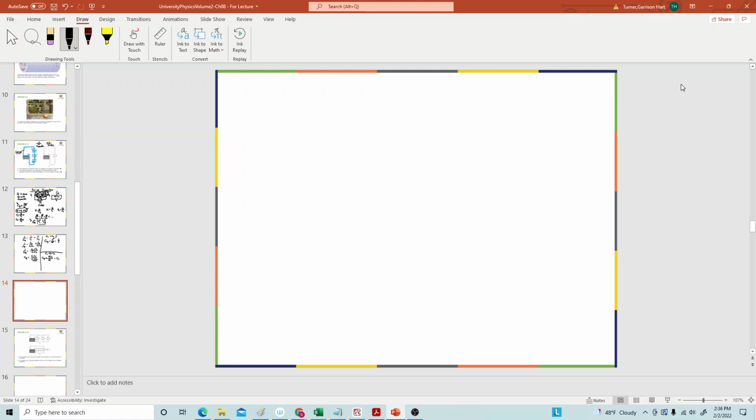So what if I have a battery of 12 volts and I have a capacitor of, let's say this capacitor is 12 microfarads, we can use microfarads, it doesn't matter.